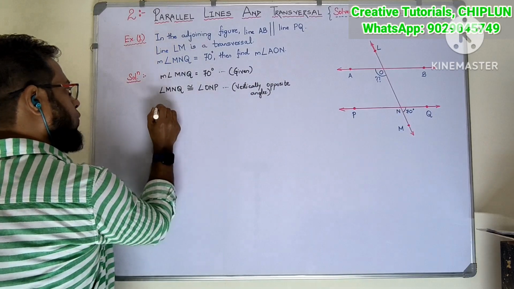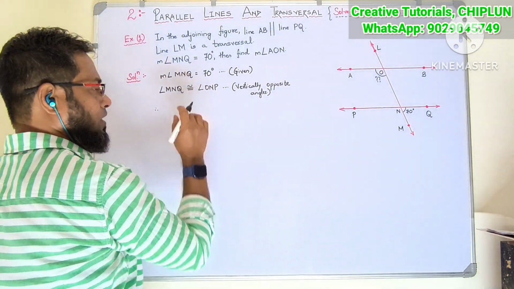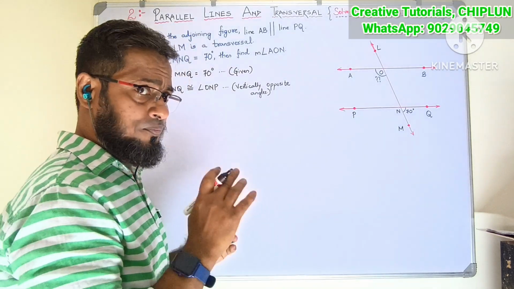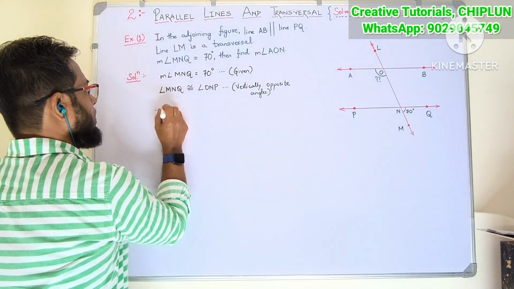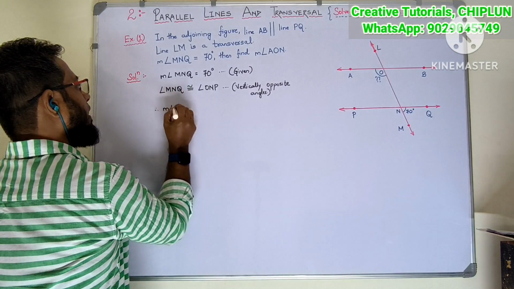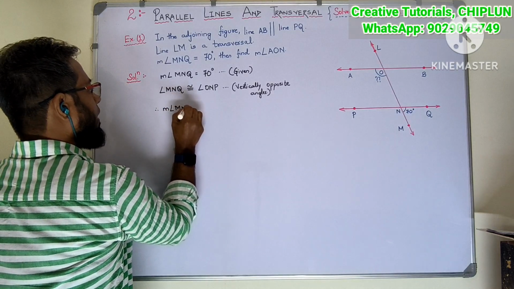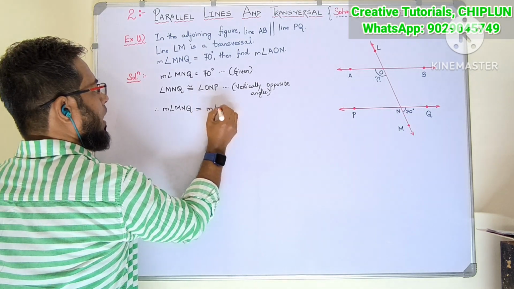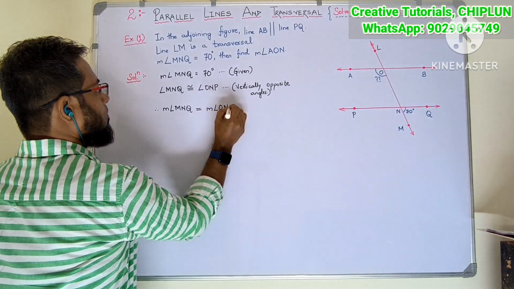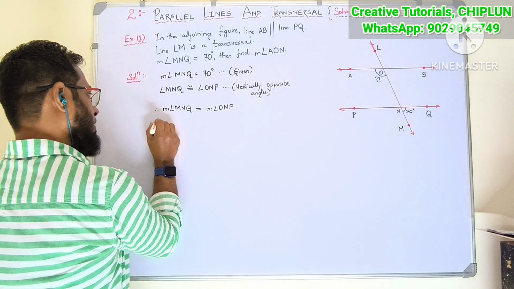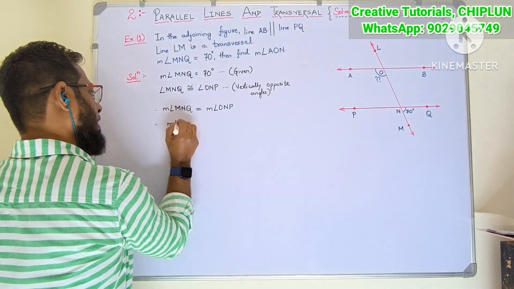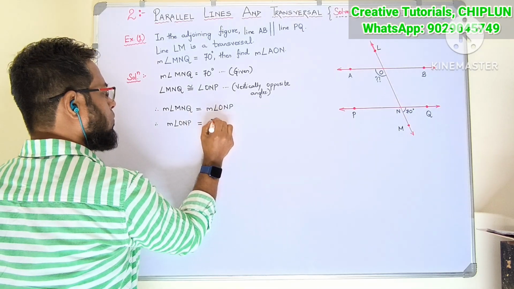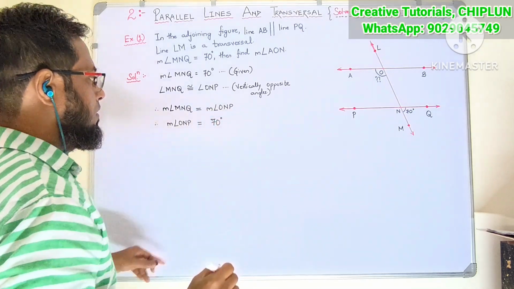Okay, therefore when angles are congruent, then measures will be equal, because this we had already studied in our previous standards. So therefore measure angle MNQ will be equal to measure angle ONP, correct? Therefore measure angle ONP will be equal to 70 degrees, right?